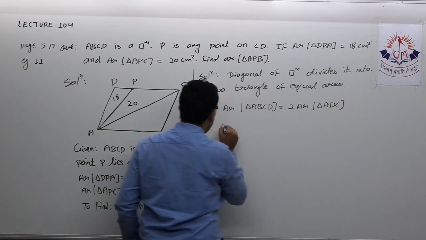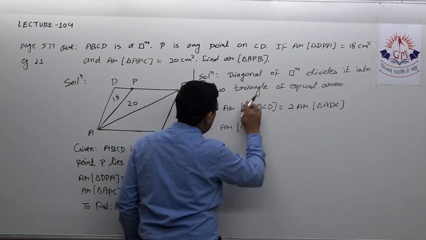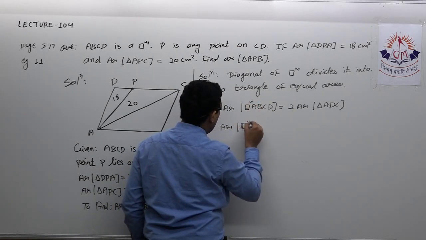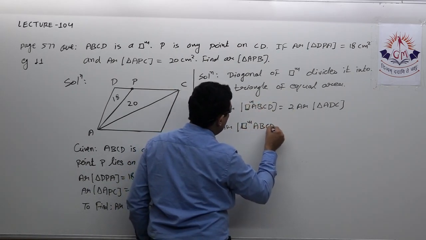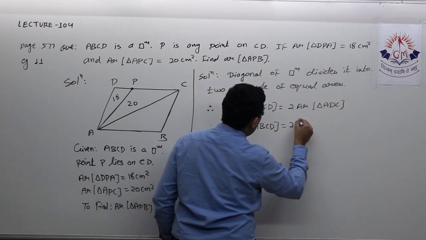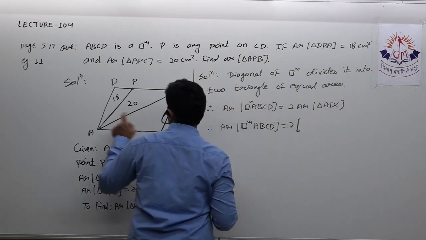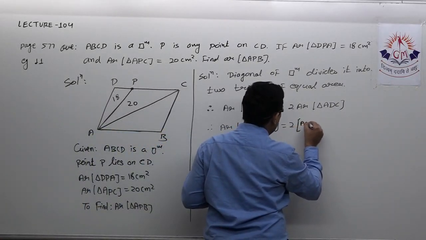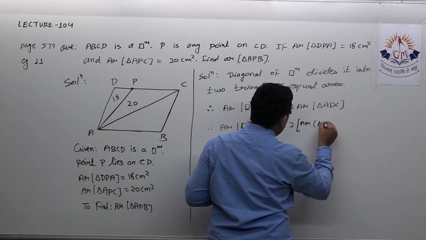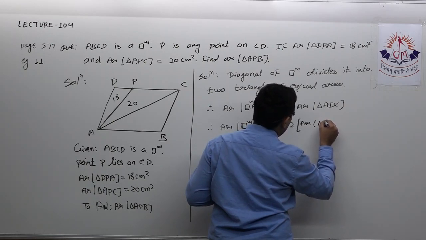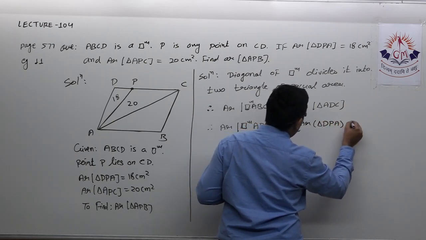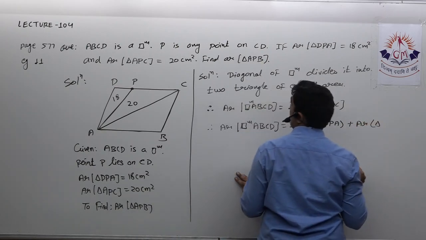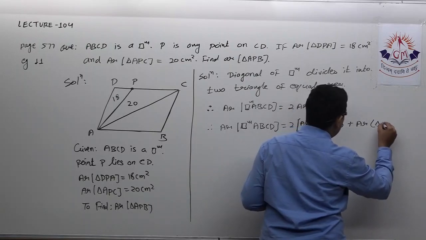Okay, therefore area, not triangle, it should be parallelogram. Therefore area parallelogram ABCD is equal to 2 multiplied by, now in place of ADC I write area triangle DPA plus area triangle APC.